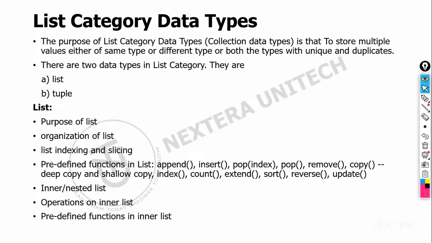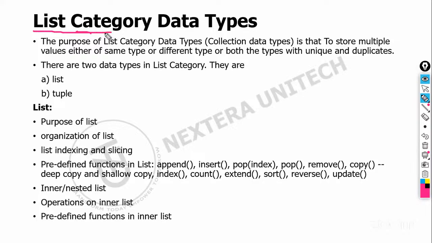We can access a group of values. Good, good, wonderful. Right. So let us start a new topic today where we will be understanding list category data types, the next category data types that we have in the sequence.